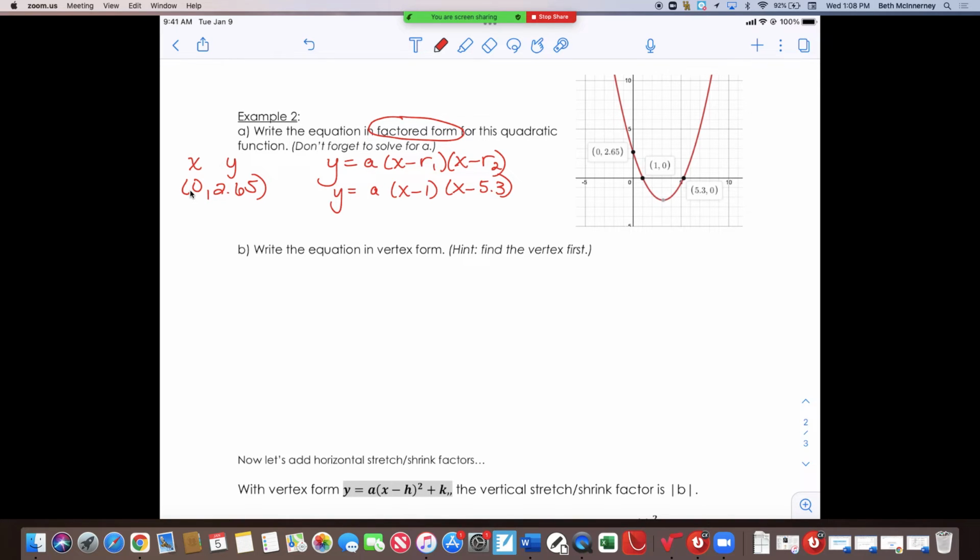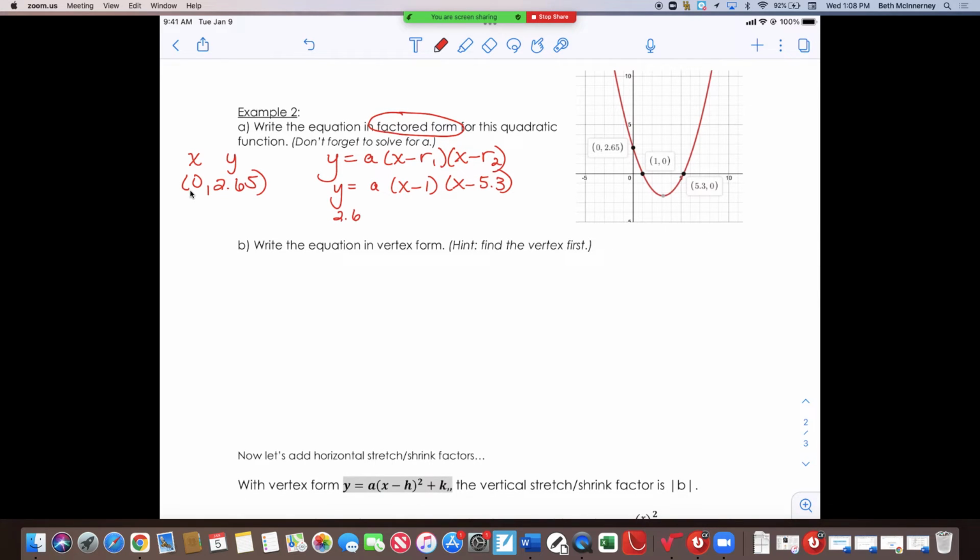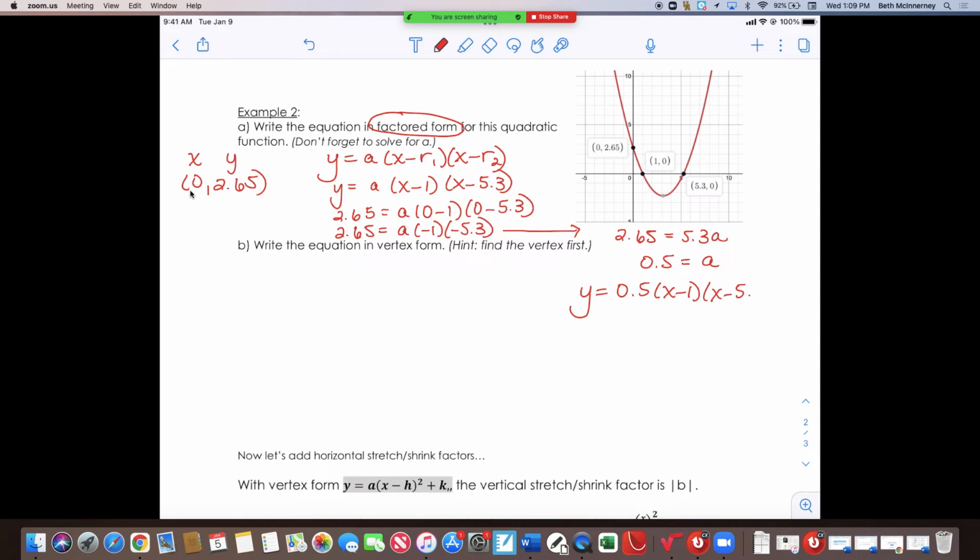Again, I have this extra point, (0, 2.65), and I'm going to plug in that y is 2.65 and x is 0. So a was 0.5. So that's the answer for part A.